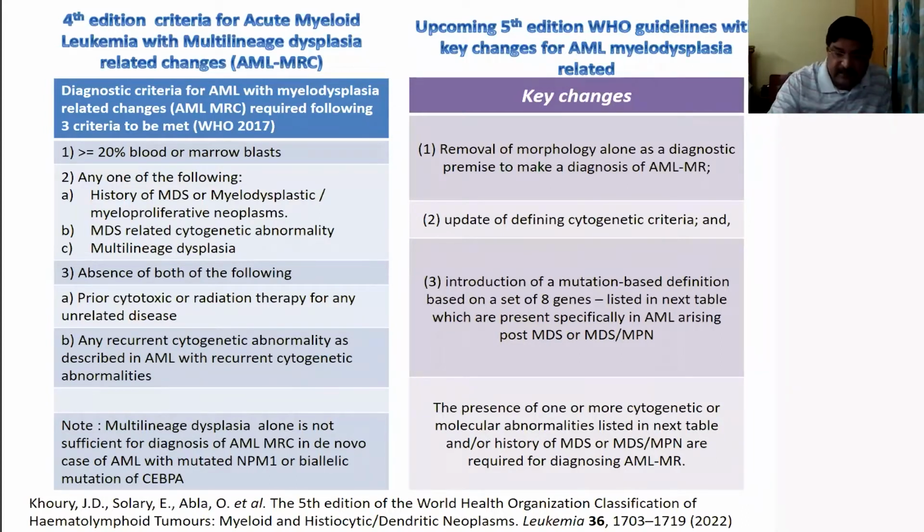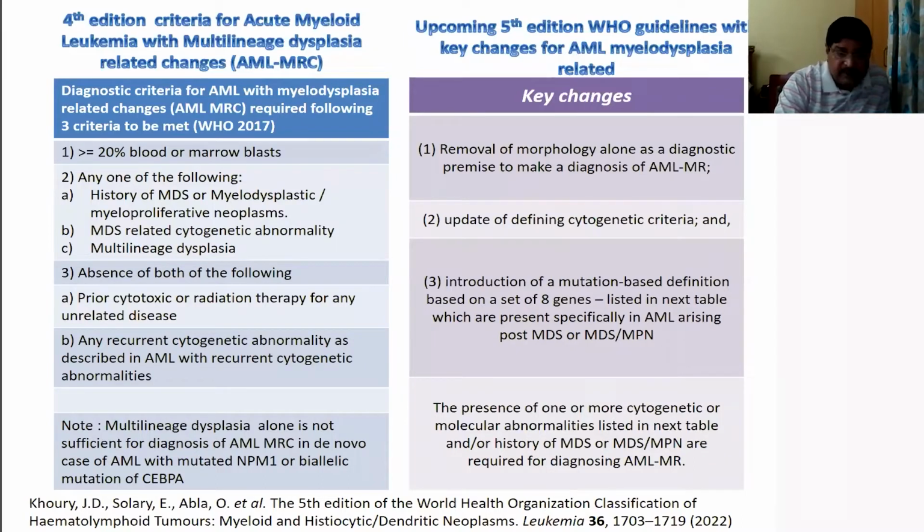It has diagnostic criteria where you had more than 20% blast in marrow, with or without a prior history of MDS, presence of MDS related cytogenetic abnormalities, presence of morphologic evidence of multilineage dysplasia, absence of both of the following: prior cytotoxic or radiation therapy, and any recurrent cytogenetic abnormalities, which you find in this classification, about 8 of them.